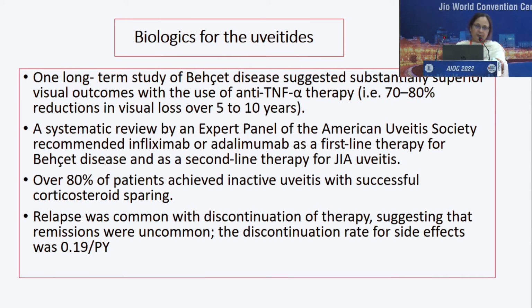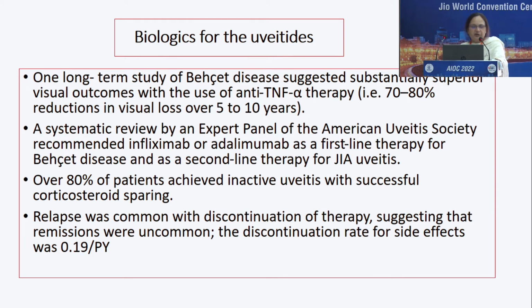Very few further minutes I will take about the biologics, which mainly we are using anti-TNF, and the systematic review by the expert panel of the American Uveitis Society recommended infliximab or adalimumab as the first line therapy for Behçet's and second line for JIA.